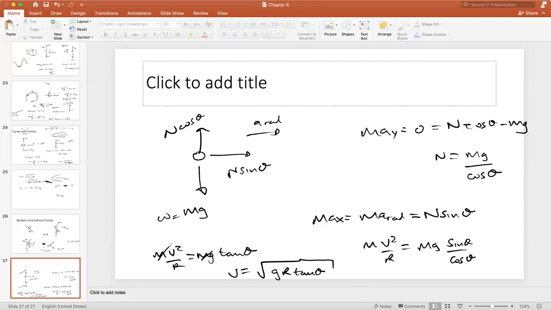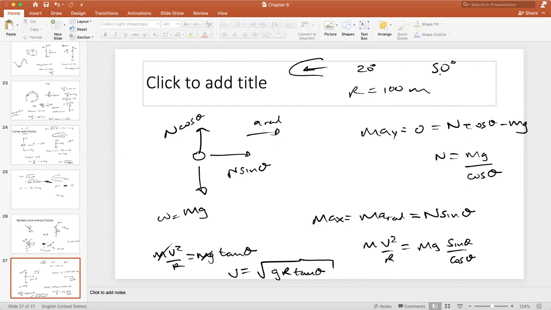That means that the fastest I can go doesn't depend on the road at all. It depends on the radius and on the angle of the banking. So if I still have this 100 meter radius on my turn, but I bank it at 20 degrees, how fast can I go? If I bank it at 50 degrees, how fast can I go?